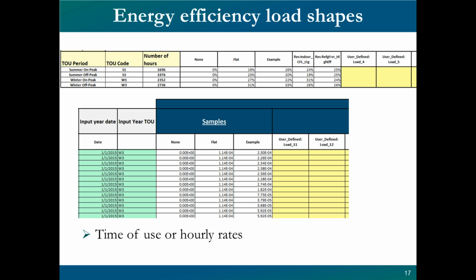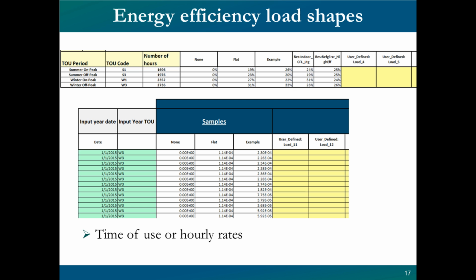On the next tab, you'll see what the tab where a user can enter energy efficiency load shapes looks like. And there's two ways of entering energy efficiency load shapes for different measures. One is if the information available is in the form of TOU blocks, then the user can populate just the percentage savings in each of the blocks that is expected with each measure.